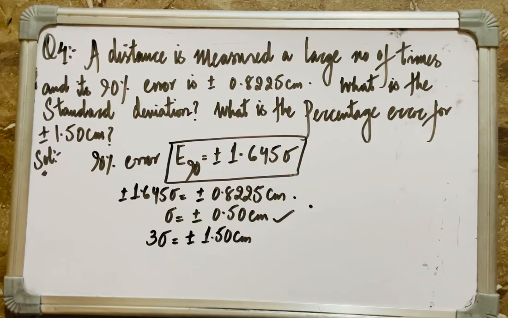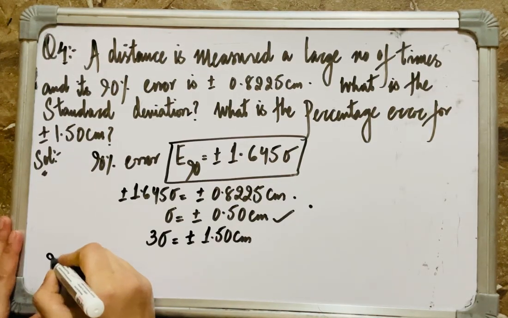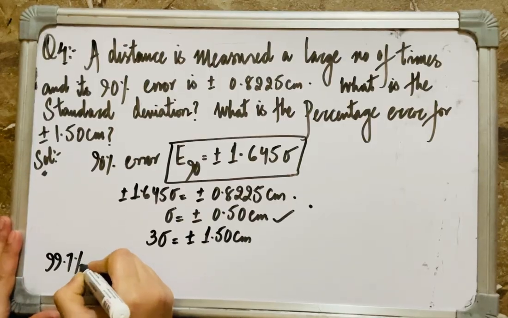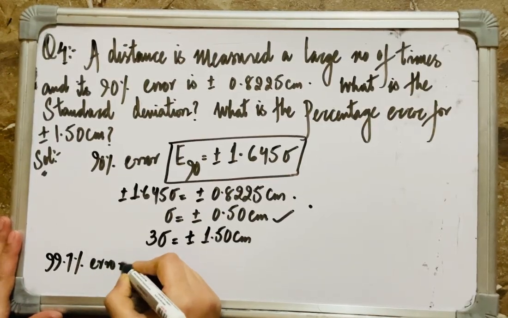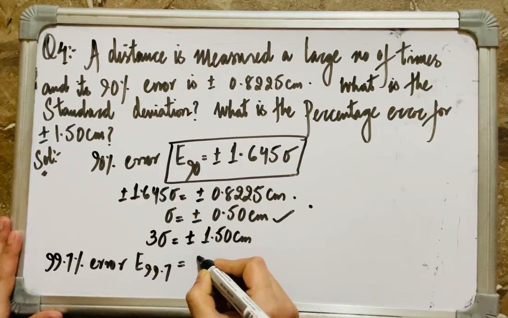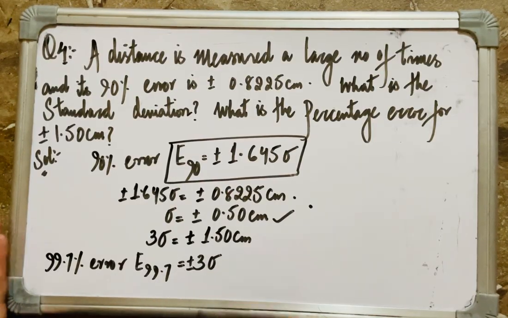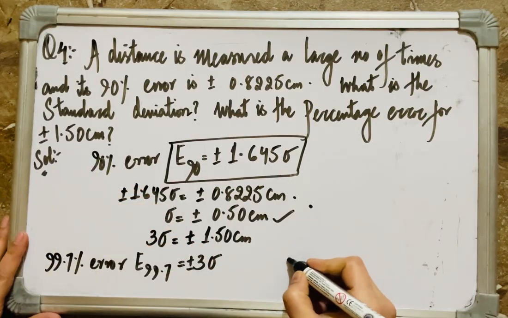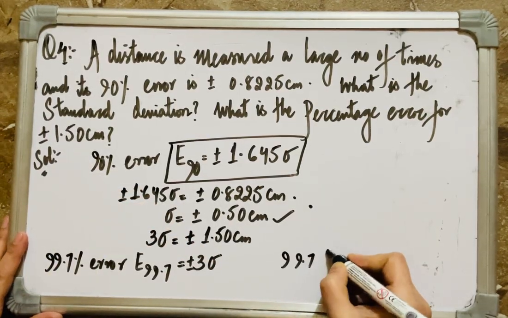But we know that the 99.7% error, which is expressed as E99.7, is plus minus 3 times sigma, isn't it? That means the percentage error for this is 99.7%.